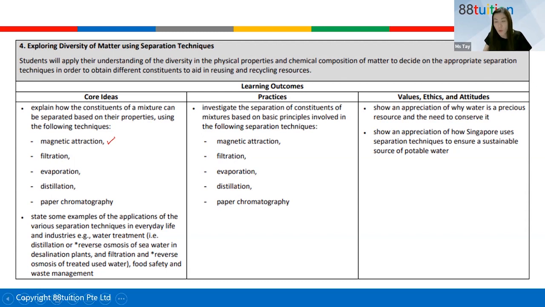Magnetic attraction. We use magnetic attraction to separate magnetic material from a mixture. We also talked about filtration, and we have also done evaporation. We did something else also. We call it crystallization.